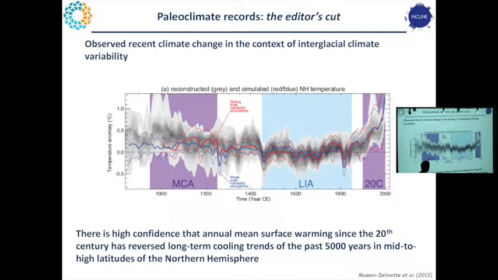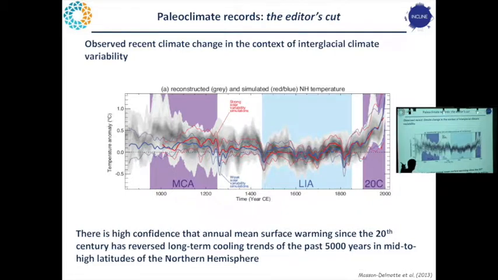All right. What about observed recent climate change in the context of interglacial climate variability? Well, this is very important. This is global temperature over the last 1,200 years. Because we have instrumental records for the last 100, 150 years, depending on the region you look at, depending on how long the records are.